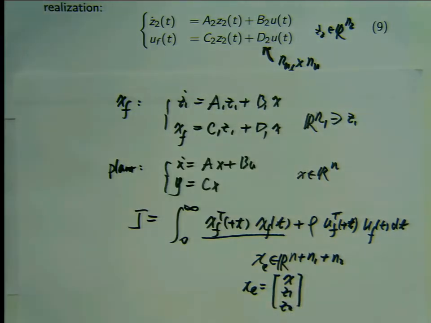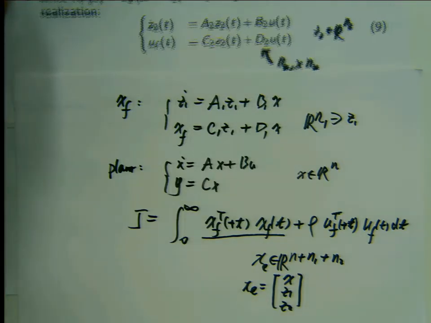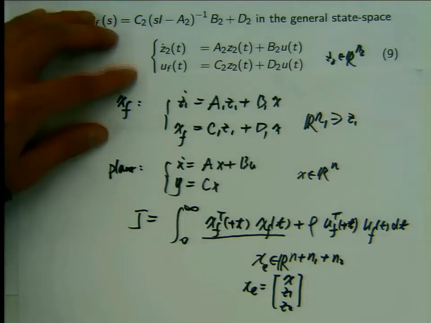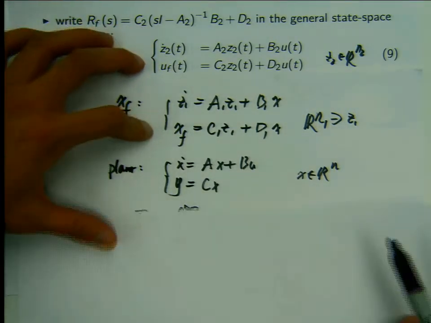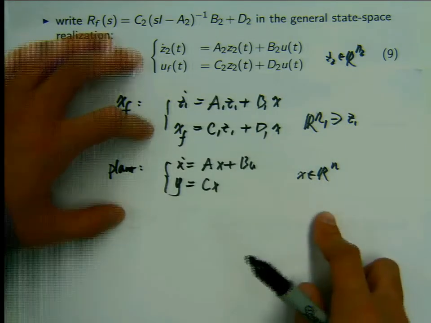So that's the general goal we're going to achieve. If you understand that, the remaining steps are pretty standard. So we are going to now combine these three dynamic systems into one.